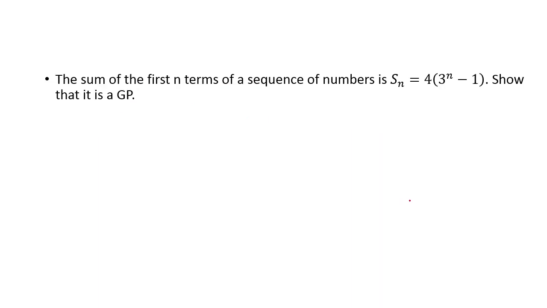We'll proceed with some more examples. The sum of the first n terms of a sequence of numbers is given as 4 into 3 raised to n minus 1. Show that it is a geometric progression. Okay, so the sum of the first n terms is given, Sn. So Sn is 4 into 3 raised to n minus 1.